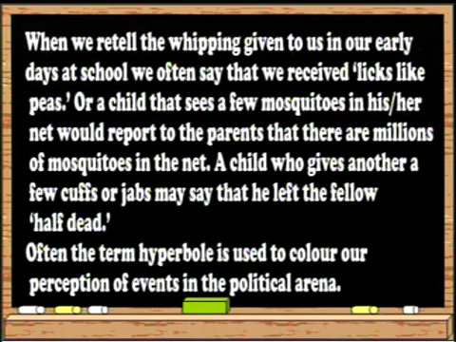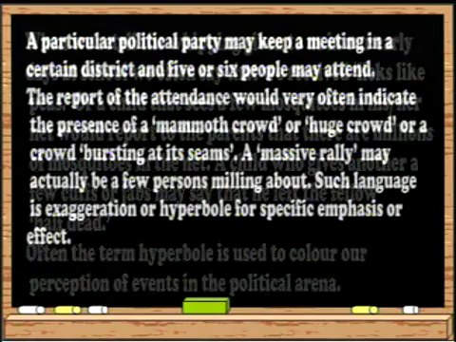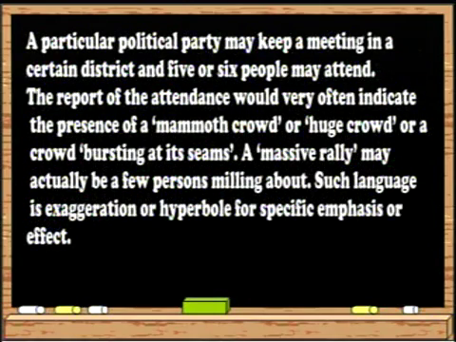Often, the term hyperbole is used to color our perception of events in the political arena. A particular political party may keep a meeting in a certain district, and 5 or 6 people may attend.